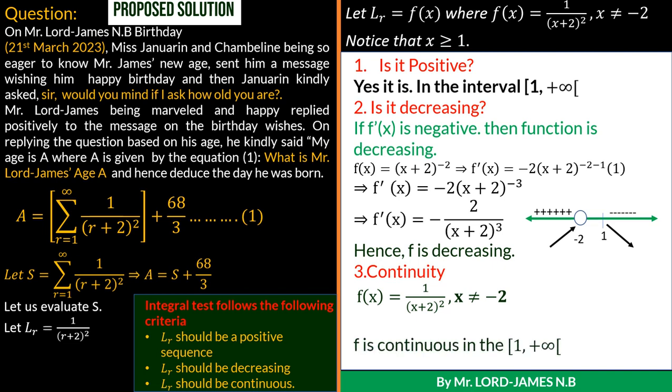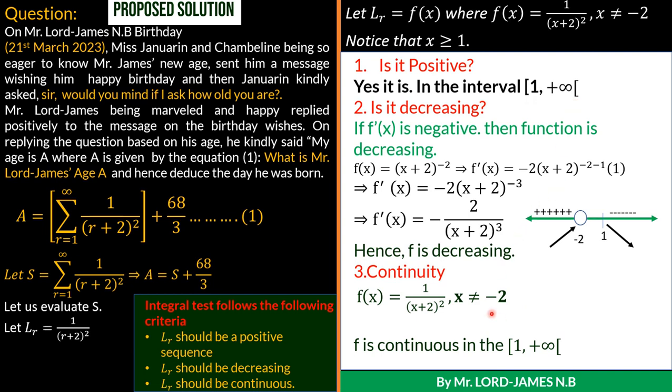So f of x is 1 divided by (x plus 2) all squared, where x is different from negative 2. But we clearly see that negative 2 is a vertical asymptote, and therefore it is not continuous at this point. But one thing we observe is that negative 2 is not found in our region of interest.